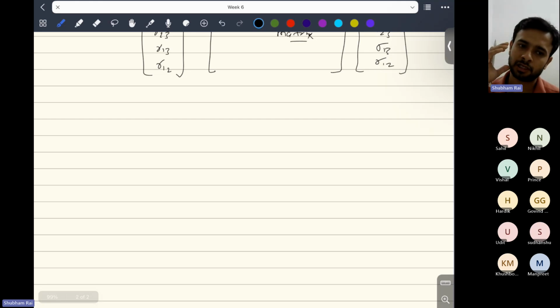And if you rotate it about any axis, its components should also remain the same. So this kind of symmetry you need to apply. After applying that symmetry for an isotropic material, you will get the stress-strain relationship for the isotropic material.